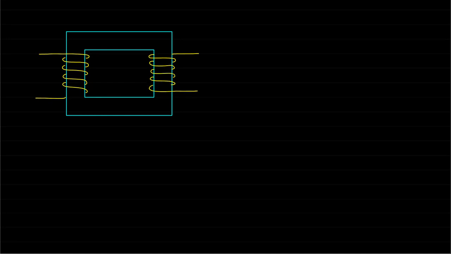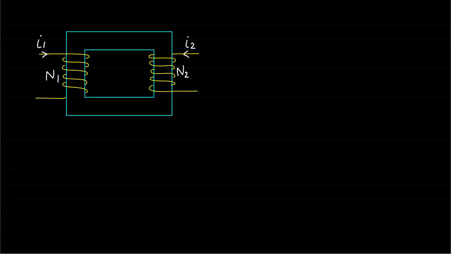Now, if we focus only on the magnetic fields that are produced by coil 1, we can notice that there are two magnetic fields produced by coil 1.